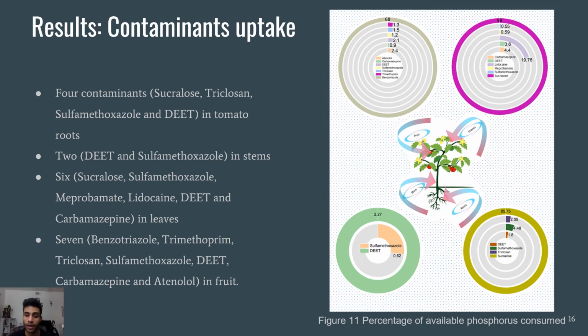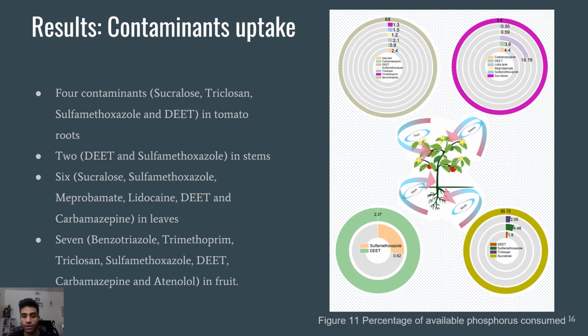So you can see that there are 4 contaminants in the root, which are sucralose, triclosan, sulfamethoxazole, and DEET, whereas 2 are present in the stem, 6 of them are present in leaves, and 7 of the contaminants are present in fruit.